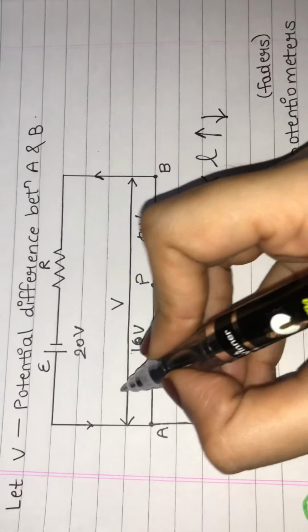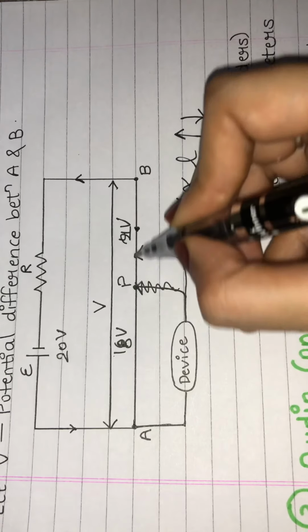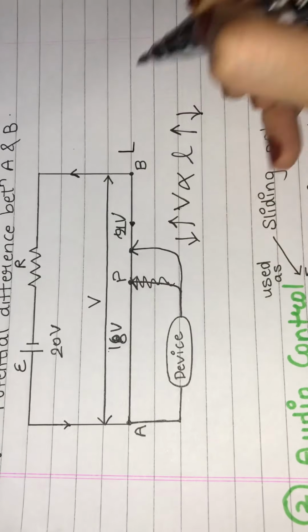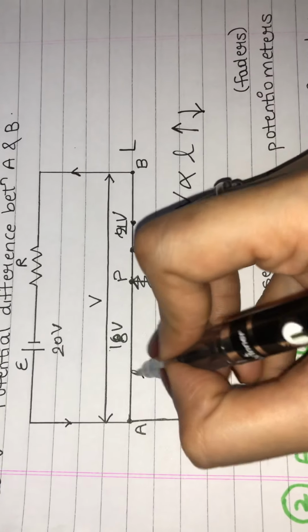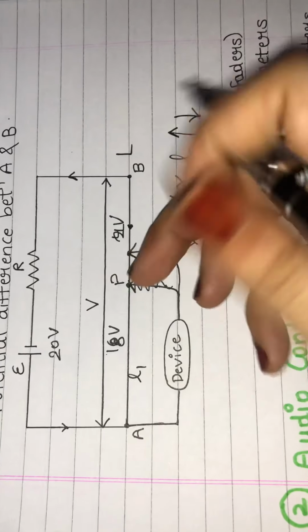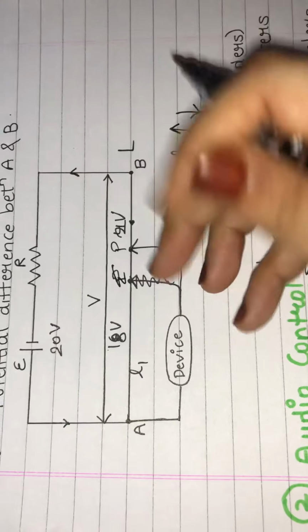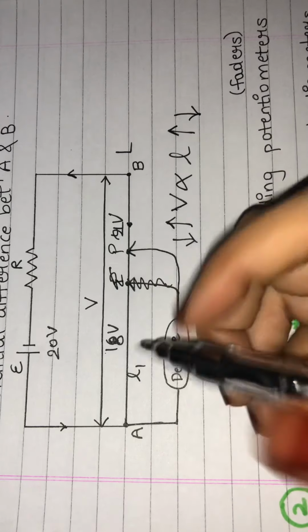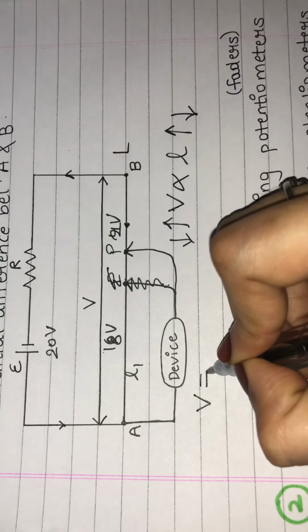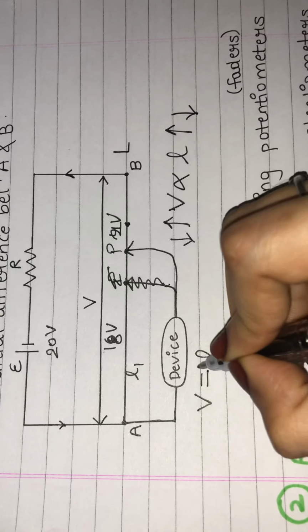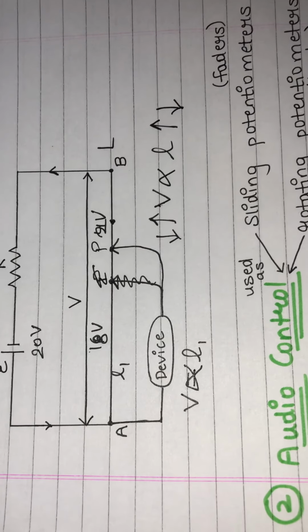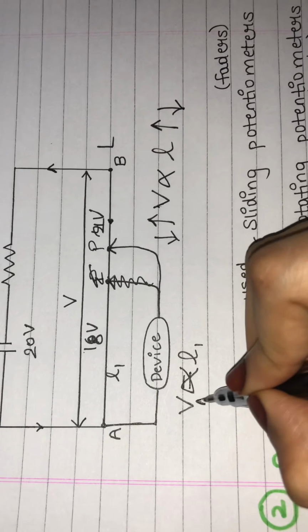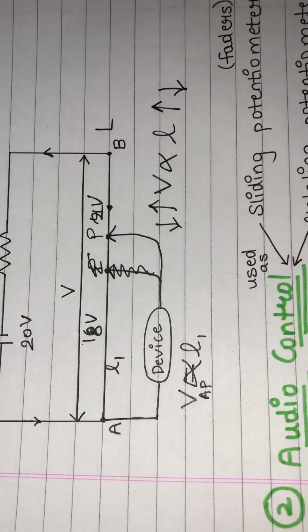Okay, now in your textbook it is told that the whole length of the wire is capital L, and if this length is L1, suppose this is the point P, so from A to P it is length L1. So the voltage across AP will be directly proportional to length L1.